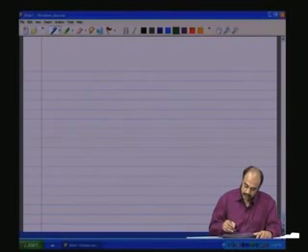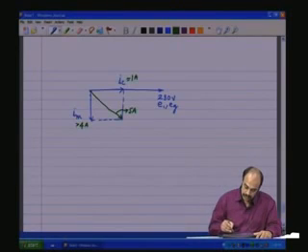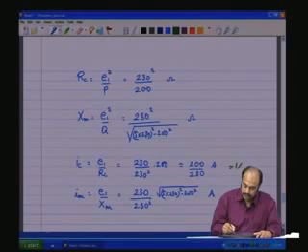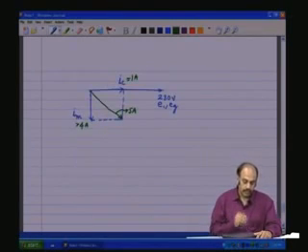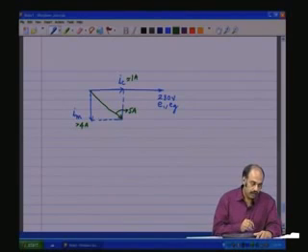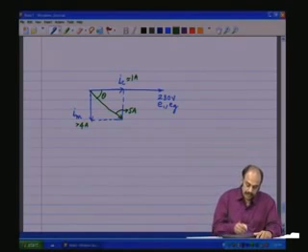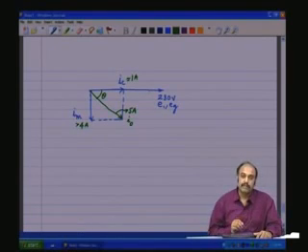So, if you calculate this portion, this should be around 4 amps and this should be around 1 amp. So, this would be the vector diagram, and this will be the angle, this is I naught, by which the current lags the applied voltage E1 or Eg.